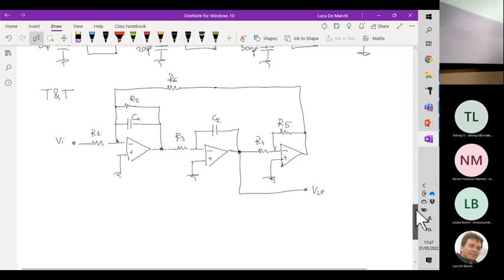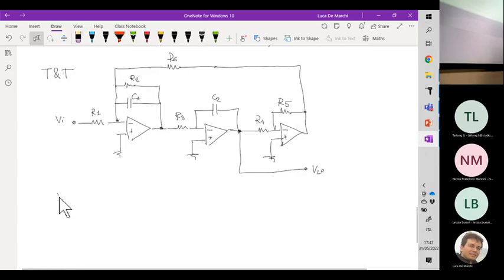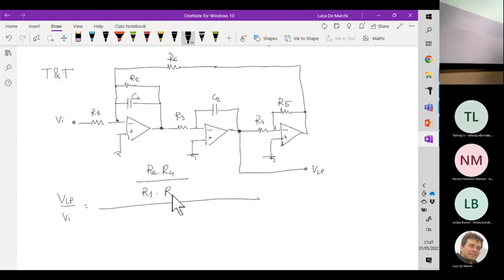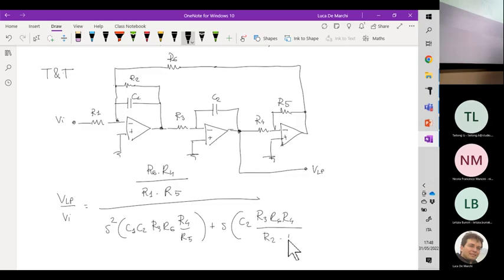The transfer function related to this topology, VLP over VI, is given by this formula: R6 times R4 divided by R1 times R5, over s squared multiplying C1, C2, R3, R6, R4 over R5, plus s multiplying C2 times R3, R6, R4, R2 times R5, plus 1.